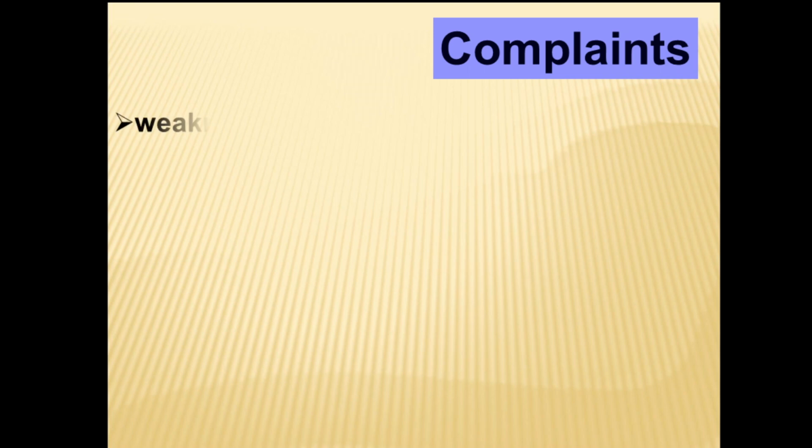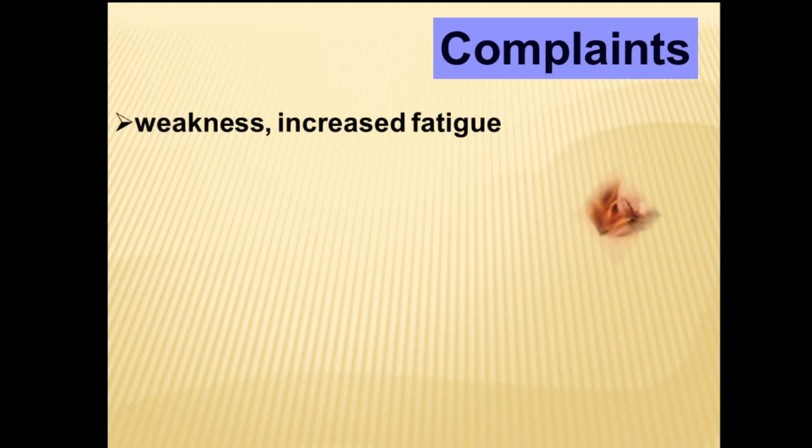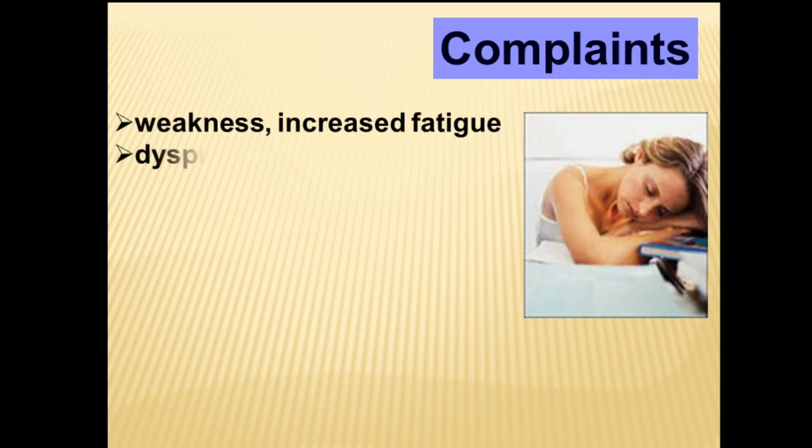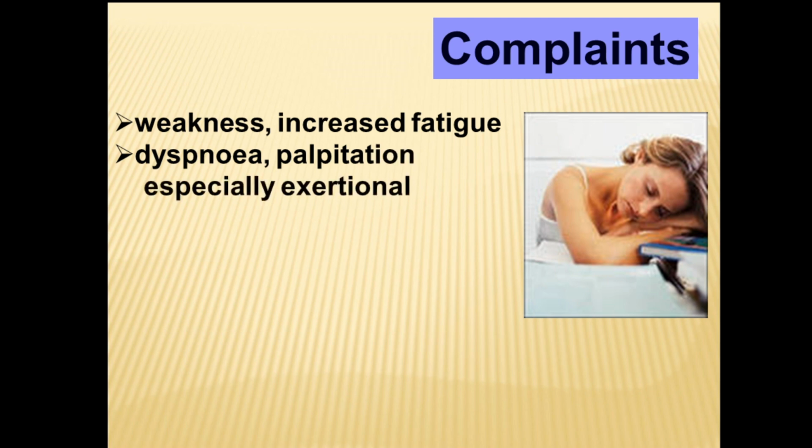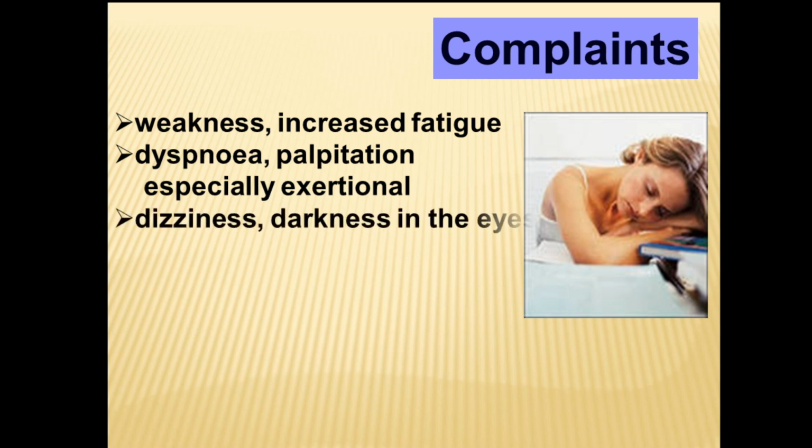The patient complains of weakness, increased fatigue, decreased work capacity. For compensation, the respiratory and cardiovascular systems are actively involved. The patient feels dyspnea and palpitation, first of all after active physical exercise, then physical activity decreases, but dyspnea and palpitation become more pronounced.